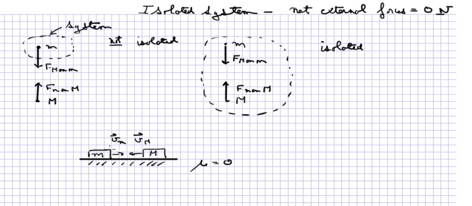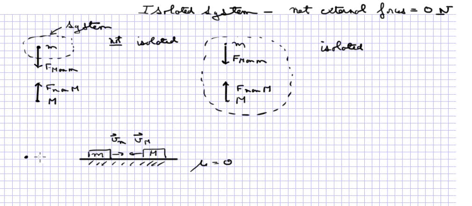If the system is little m by itself, then during the collision, the banging together of little m and big M, what forces act on little m? Let's do a little free body diagram.